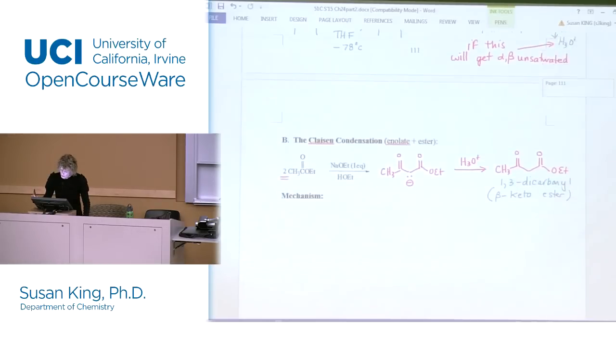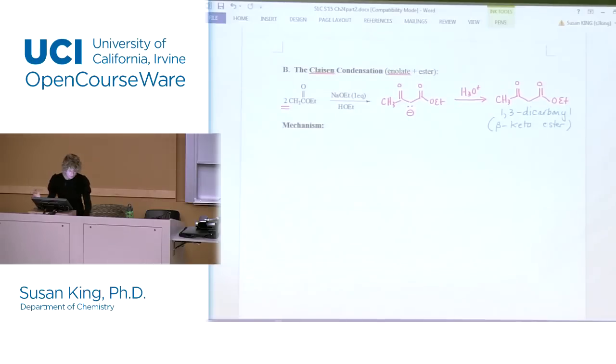All right, let's look at the mechanism here. Now, notice the Claisen is only base catalyzed. We're not going to have an acid catalyzed Claisen. So that makes life a little easier for you. We're going to make the enolate, and again, you have a choice.